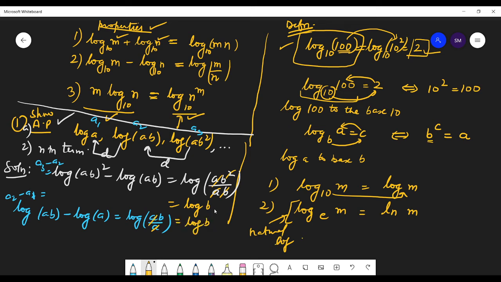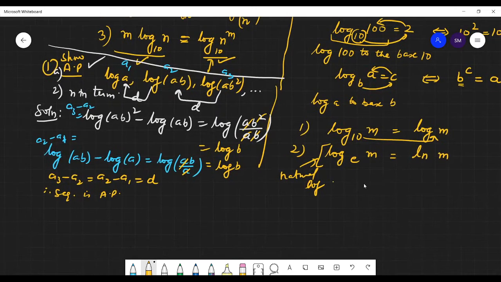Log B. So as A3 minus A2 is equal to A2 minus A1 is equal to D, therefore the sequence is an AP. So the first part you have proved, students.